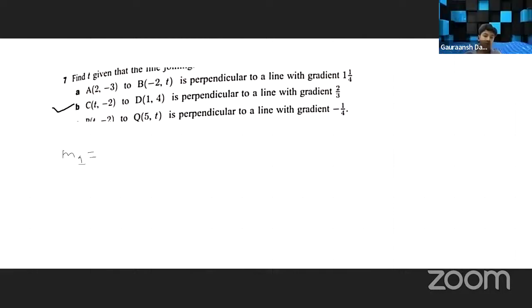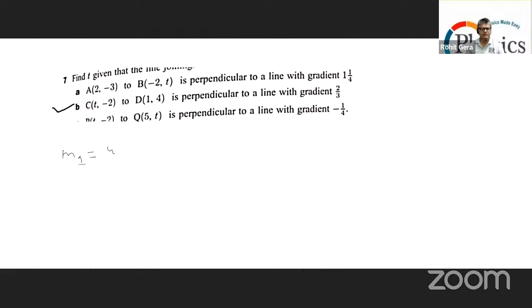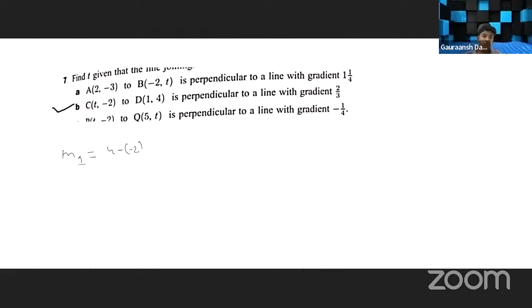M1 equals 4 minus 2 by 1 minus t, which equals 6 by 1 minus t, and M2 equals 2 by 3, which equals minus 3 by 2, because you reciprocated now.